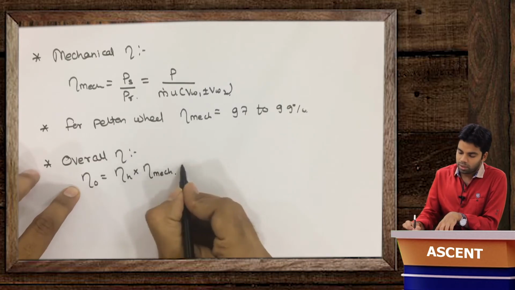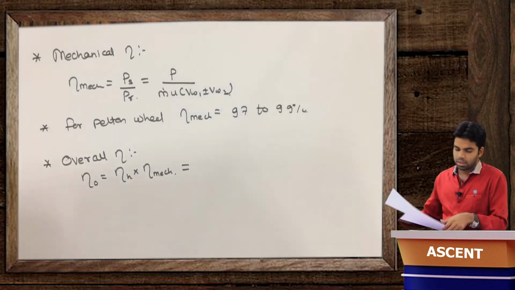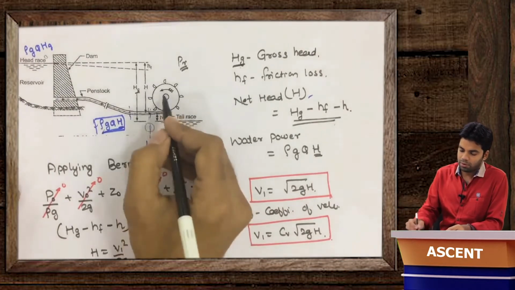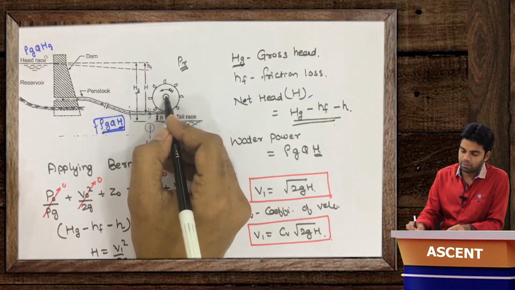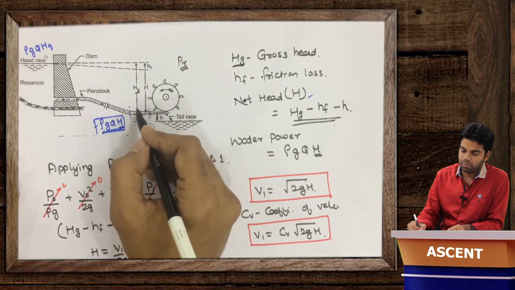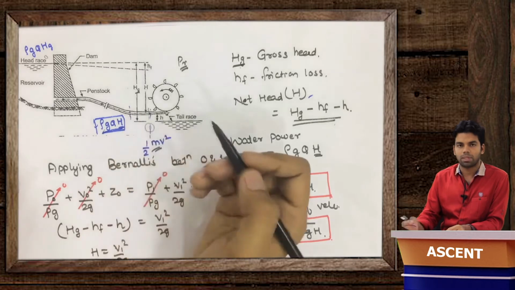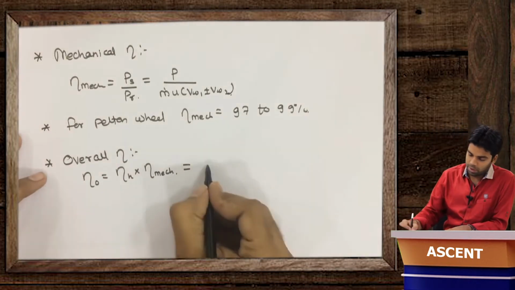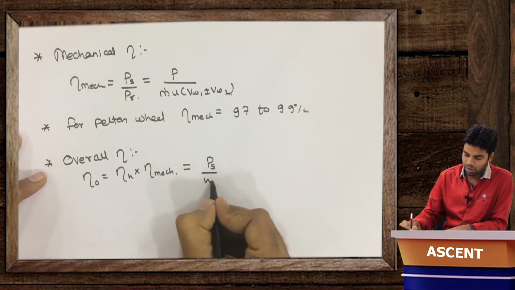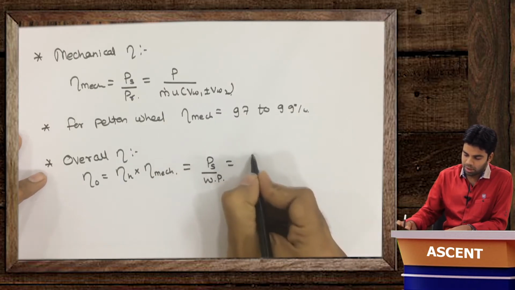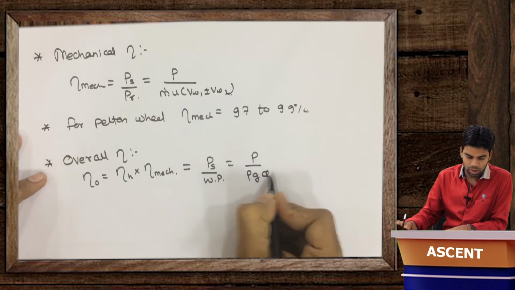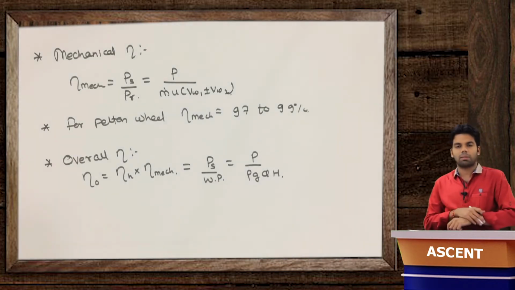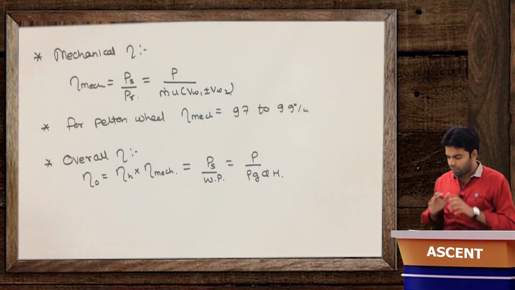Or you can say that this overall efficiency is nothing but the shaft power, the final power which we are getting, divided by the total water power which is available at the entry of nozzle. So this overall efficiency will be equal to shaft power divided by water power, or this can be written as P divided by rho g Q into H. Okay, so this is nothing but the overall efficiency. Very simple to remember.